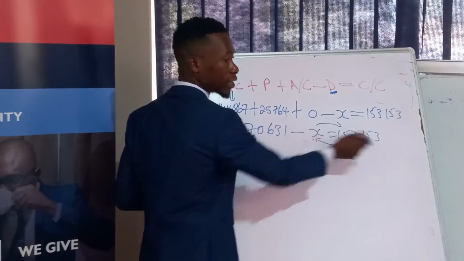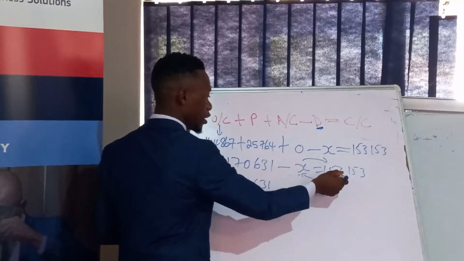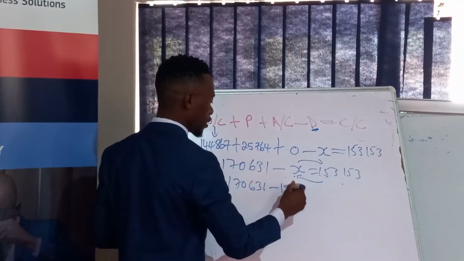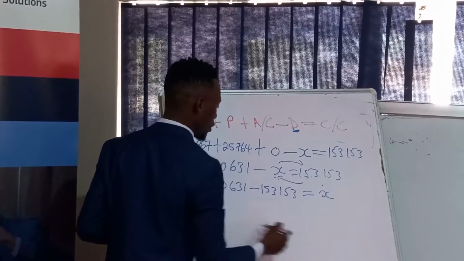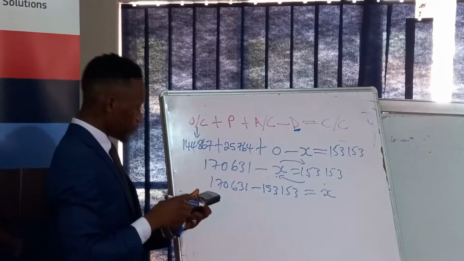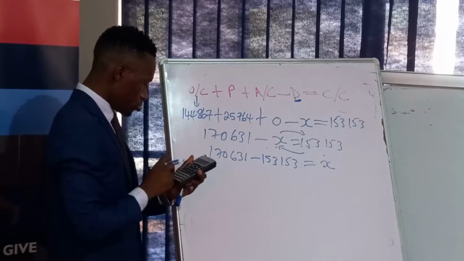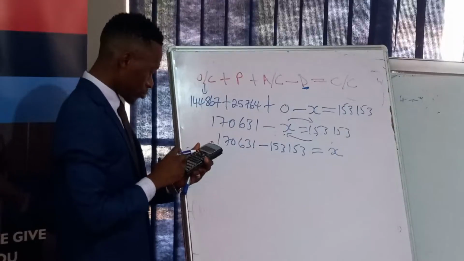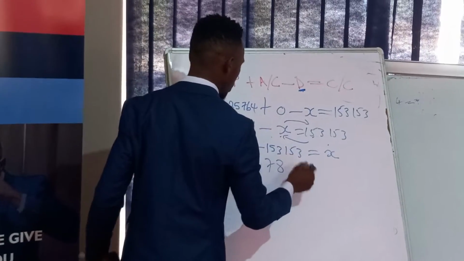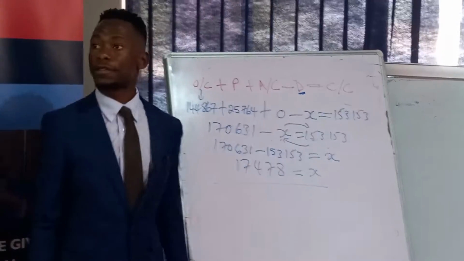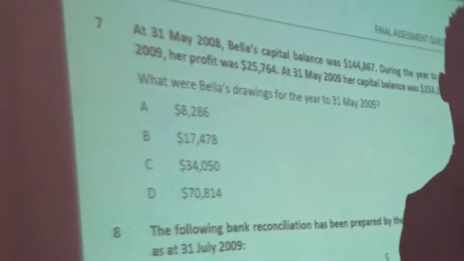If this comes here, this comes here, right? 170,631. Here it will be negative, it crosses the equal sign. Here it will be X, and this will be married together. And what you get, right, 17,478, I'm getting this amount for drawings. The correct answer is B.